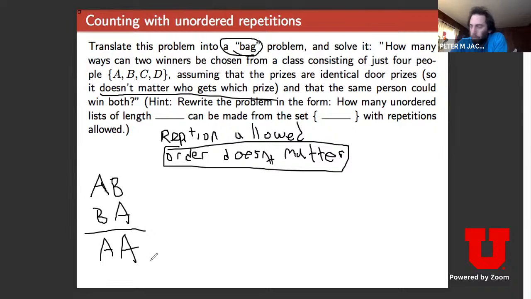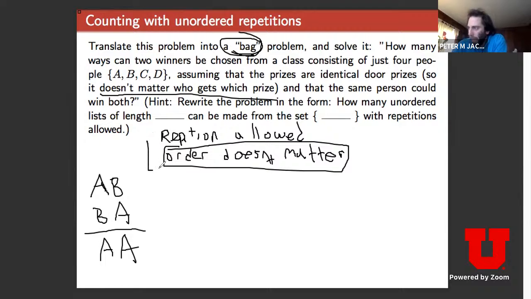So this is a bag setting, and a bag setting is equivalent to the number of ways to arrange items in an unordered list. We have to figure out two things in a bag problem.